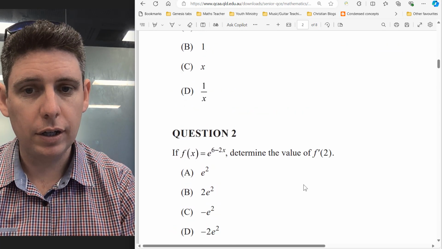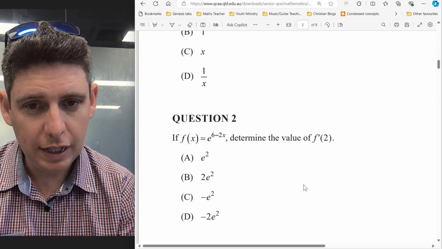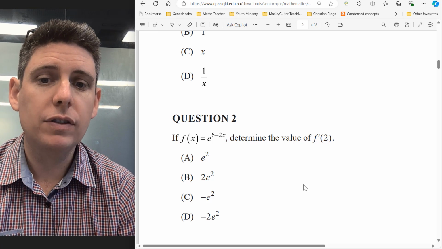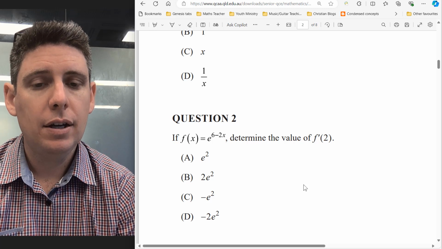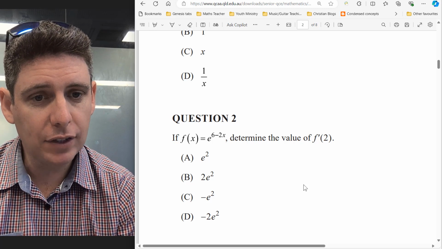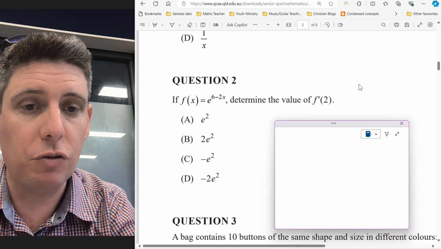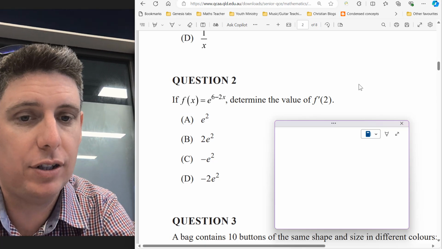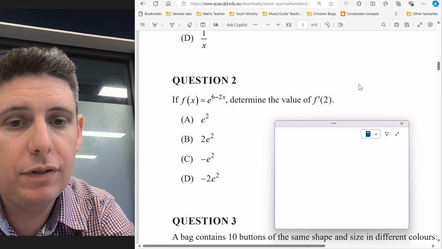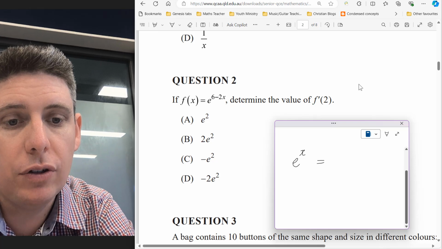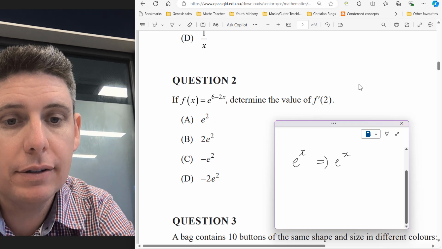Right, question 2. If the function is equal to e to the power of 6 minus 2x, determine the value of f dash 2. So the first step for this question is to find the derivative because it's got f dash. So the derivative of e to the x is equal to e to the x.